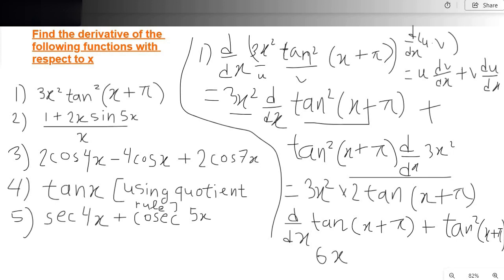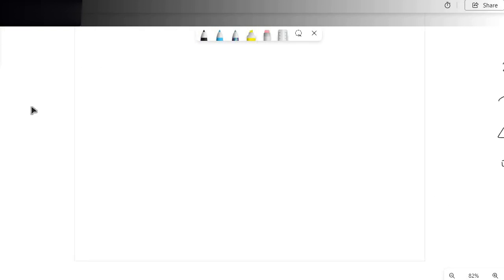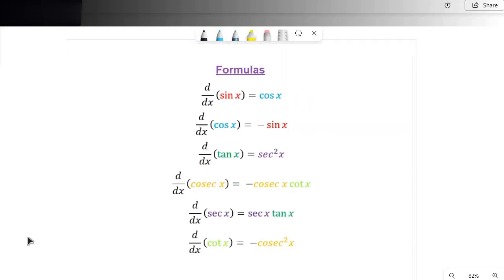So I'm not writing down the power. So continuing with our workings, we have 3x squared multiplied with 2 tan x plus pi multiplied with the derivative of tan x plus pi, which is sec squared x plus pi, if you recall the formulas given here.